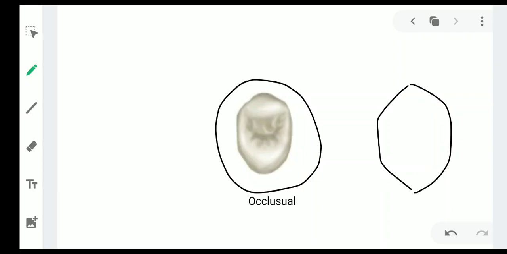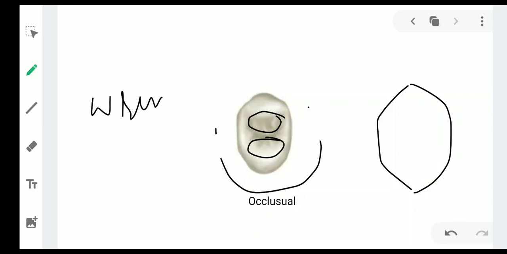It has a shorter central groove here, and these are the supplemental grooves. Due to the increased number of supplemental grooves, the occlusal surface has a wrinkled appearance.